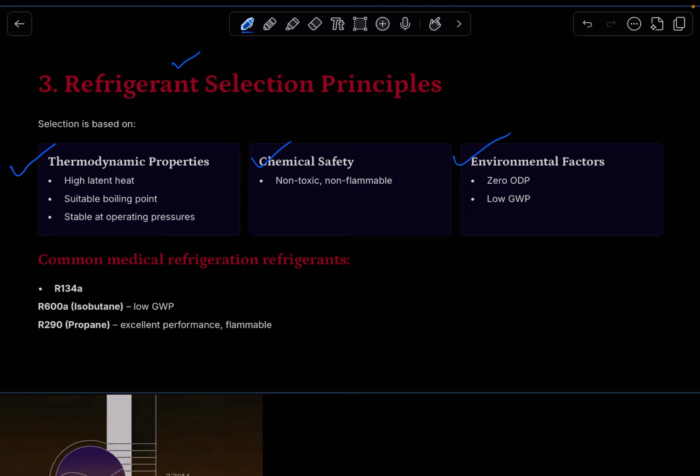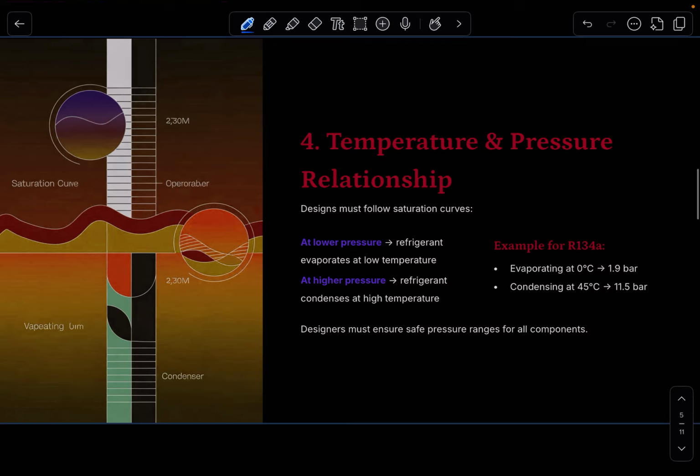Our selection of refrigerant is going to play a key role, and the common refrigerants which we will be dealing with in medical refrigeration systems would be R134A, then R600A, which is isobutane, and R290. We would be considering the thermodynamic, chemical, and environmental properties for selecting the appropriate refrigerant, which becomes an important part in the design of refrigeration system.